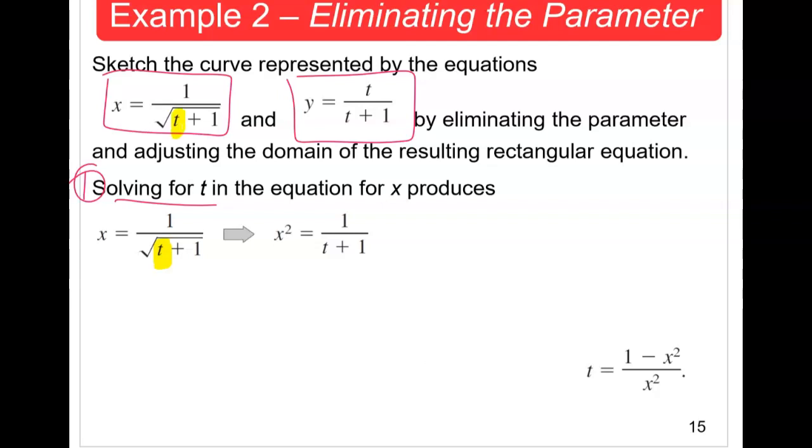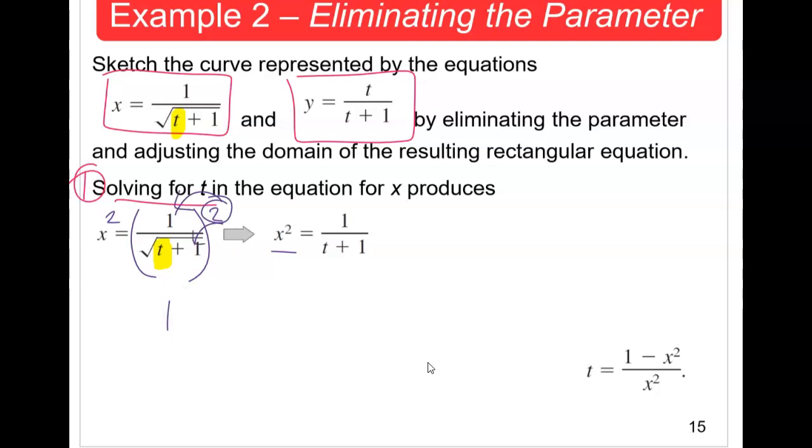In the equation x equals, what's happening here is we're squaring both sides of the equation. So if we square both sides, we get x squared, like you can see there. And the square has to be distributed to the numerator, but also to the denominator.